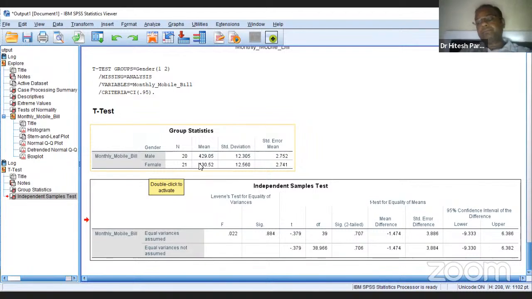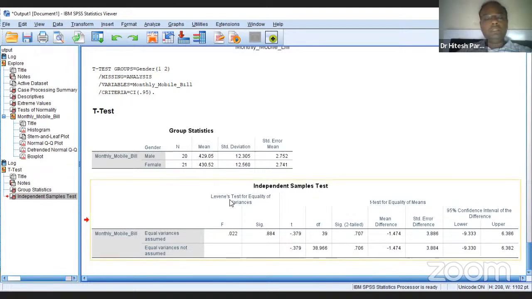This is the statement of the null hypothesis, and this is the statement we are testing.